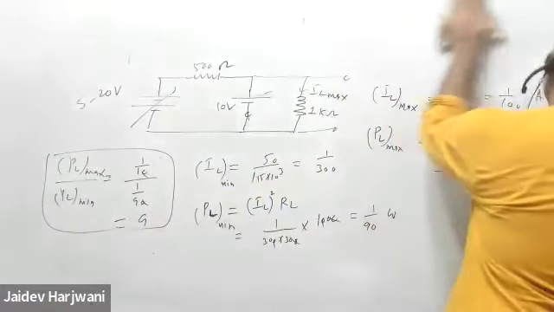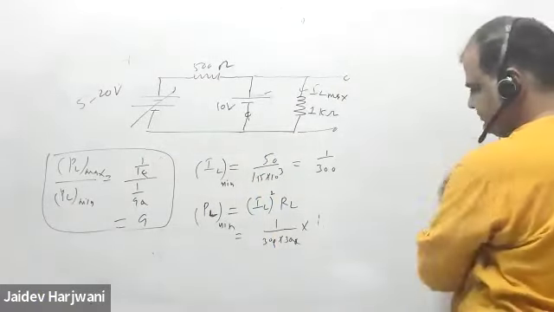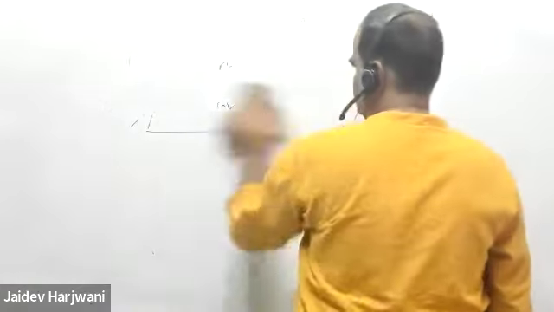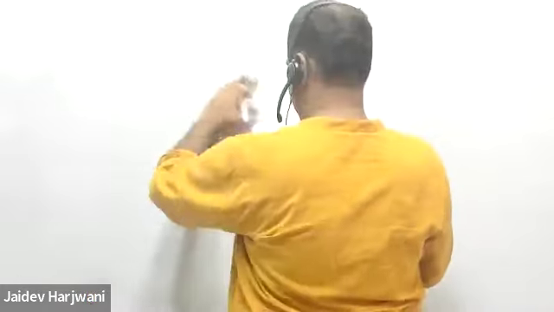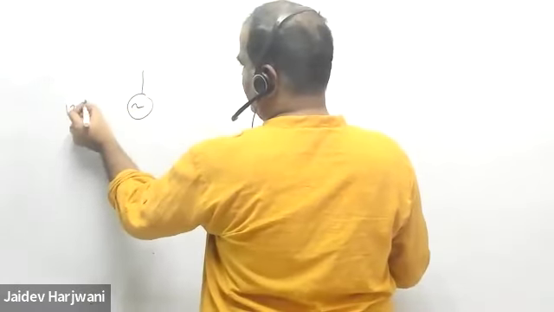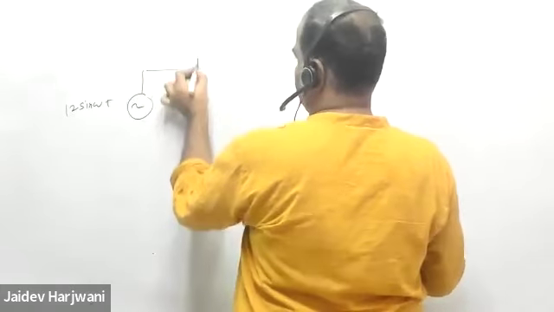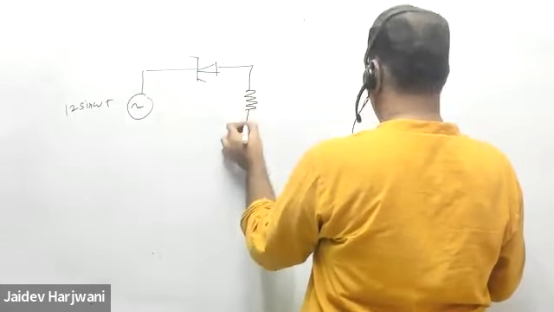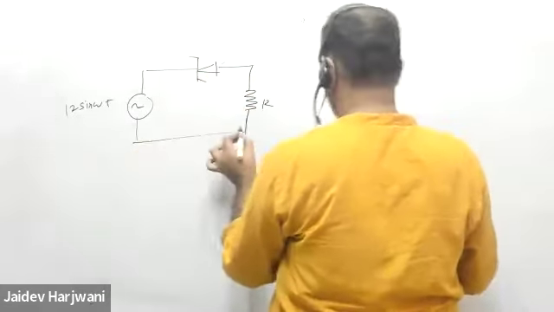Now we'll see some different type of application of Zener diodes. Say I have, this is 12 sine omega t. This is your Zener diode here. And this is some resistance R here.